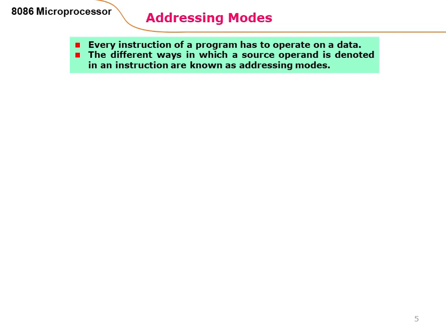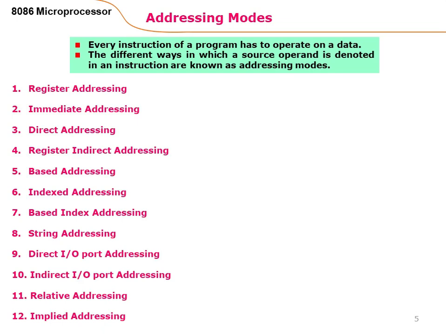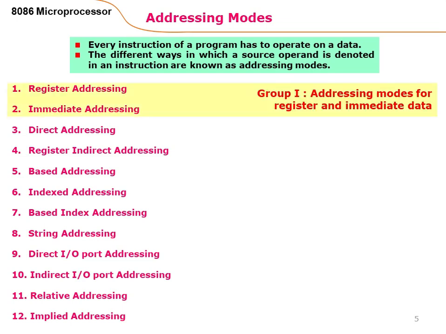To access this data, we have to use different ways. The different ways in which a source operand is denoted in the instruction are known as addressing modes. In 8086, there are 12 different addressing modes, which are categorized into 5 different groups. So we'll see them one by one.